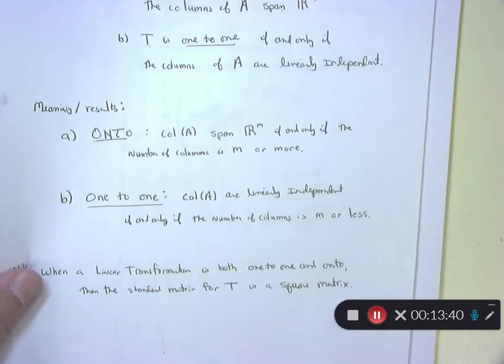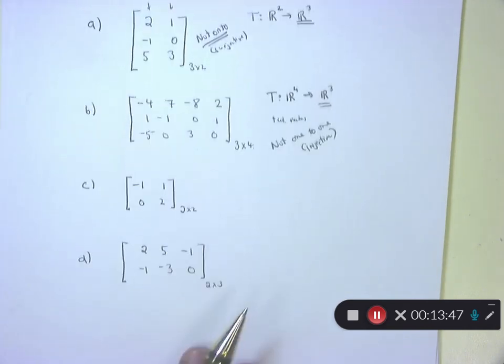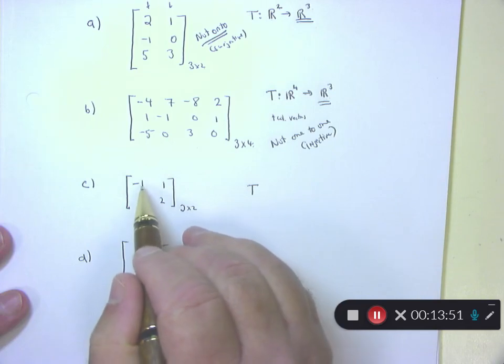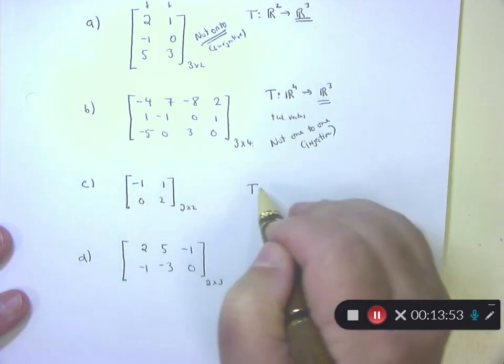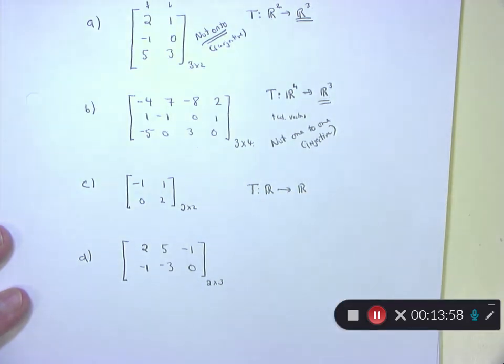Does that make sense? Take a look at C. This particular matrix is a 2 by 2, negative 1, 1, 0, 2. It is going to take R what to R what? R2 to R2, this representing it.